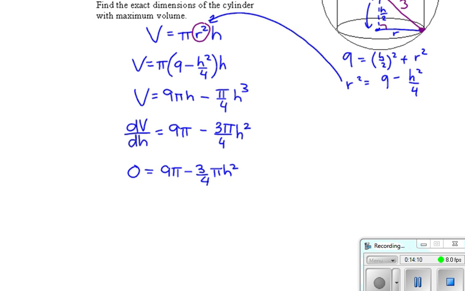Is that what you guys did? Some of you? We're solving for h. Yeah, so you added this to the other side. Good. So 3 or h. Cancel out the pi's.